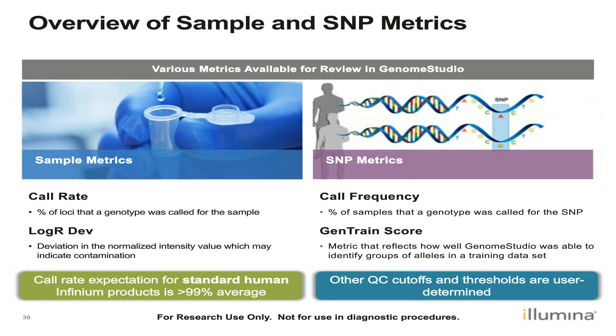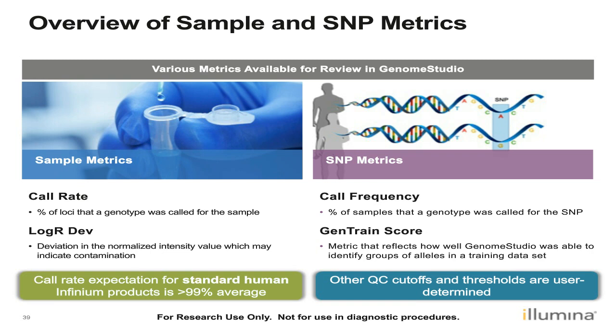So there are several metrics available for review in GenomeStudio. In terms of sample metrics, the main metric that we look at is the call rate, which is the percent of loci that a genotype was called for the sample. Another sample metric is the log-R deviation, or log-R dev, and this is the deviation in the normalized intensity value.